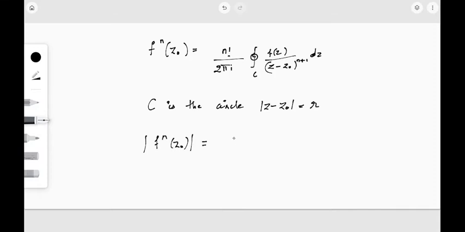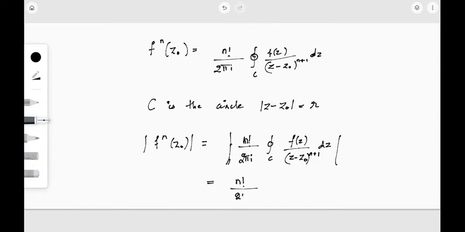This will be nothing but modulus of n factorial by 2 pi i, integral over C of f(z) by (z minus z0) raised to n plus 1 into dz. When I take the modulus, n factorial is not going to be affected, so n factorial is as it is, so is 2 pi, and we know mod of i is 1.